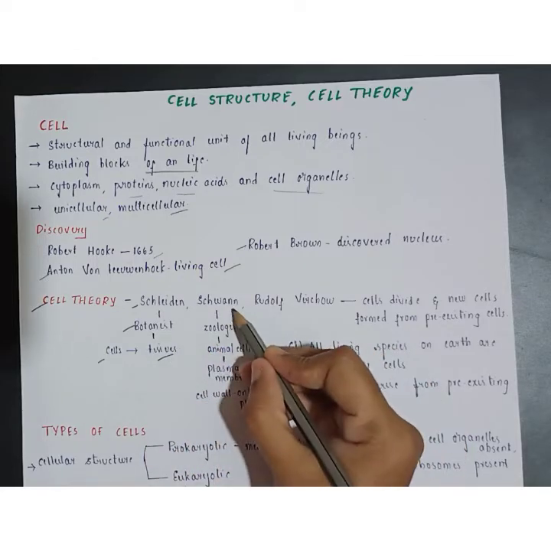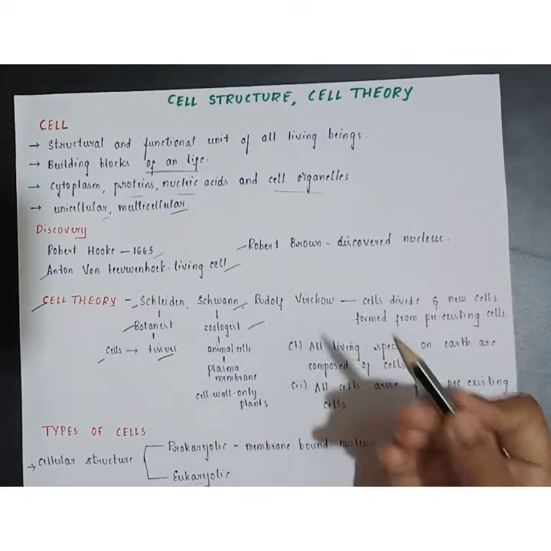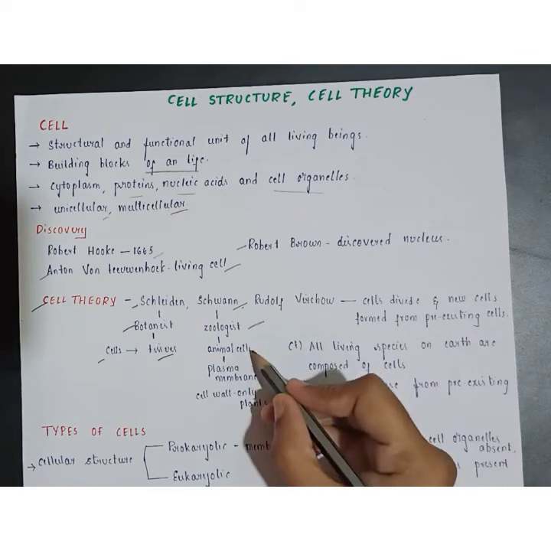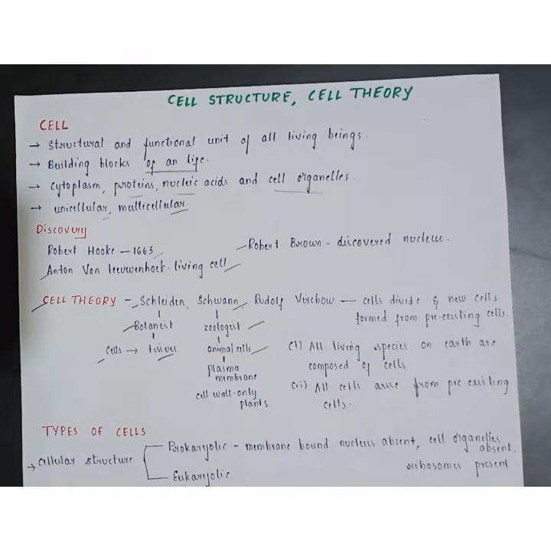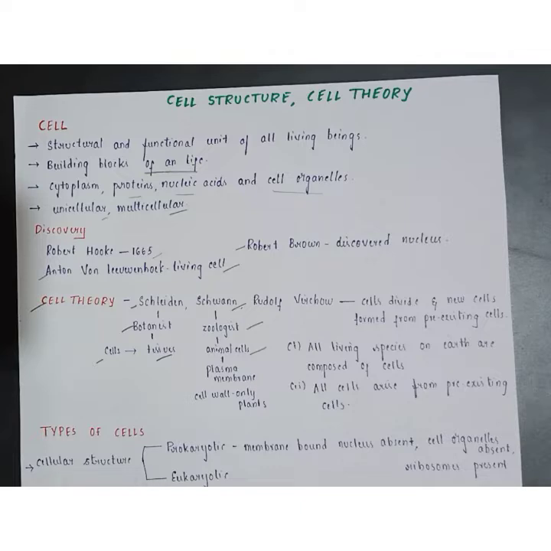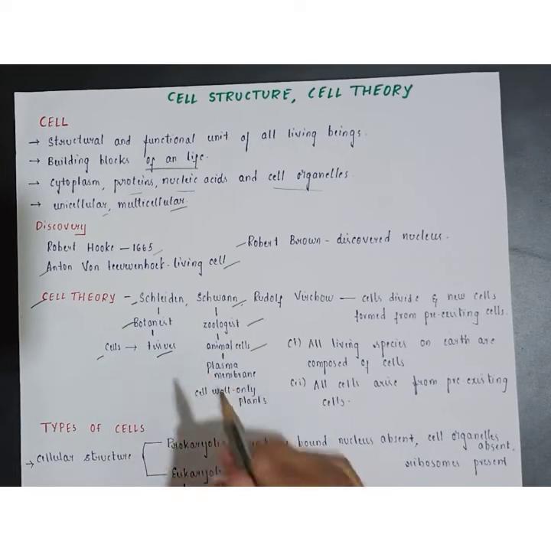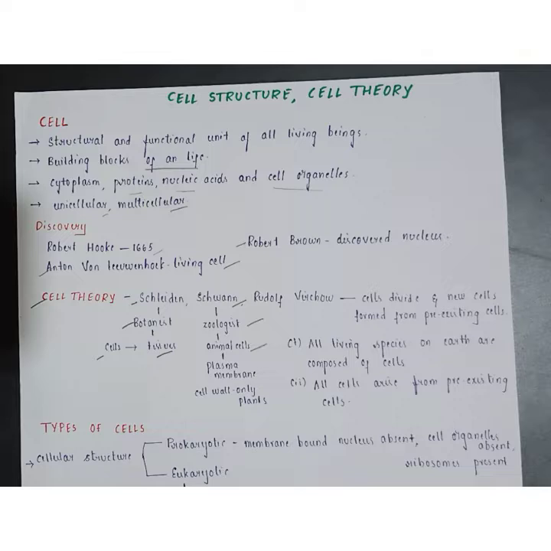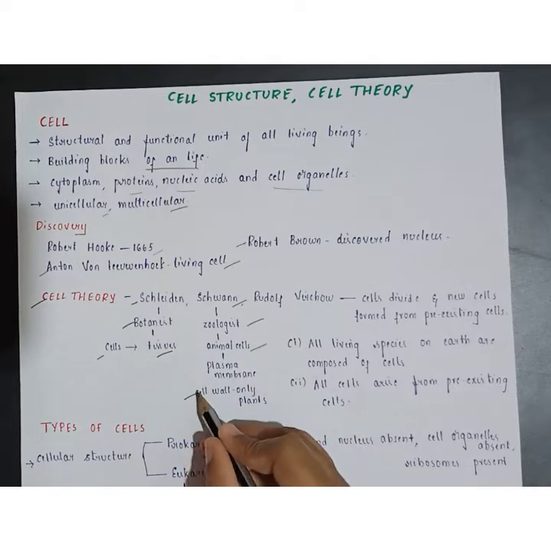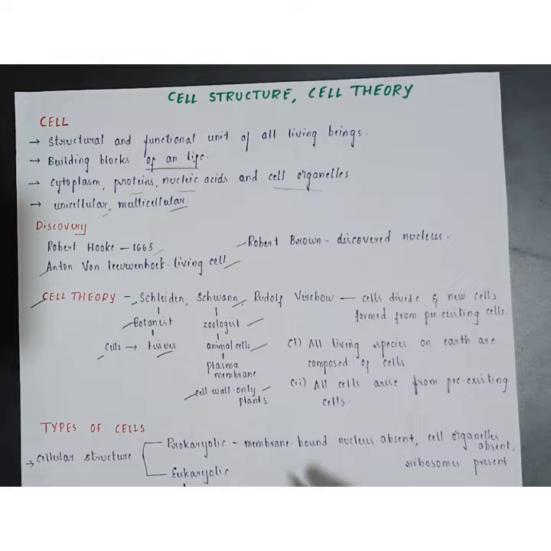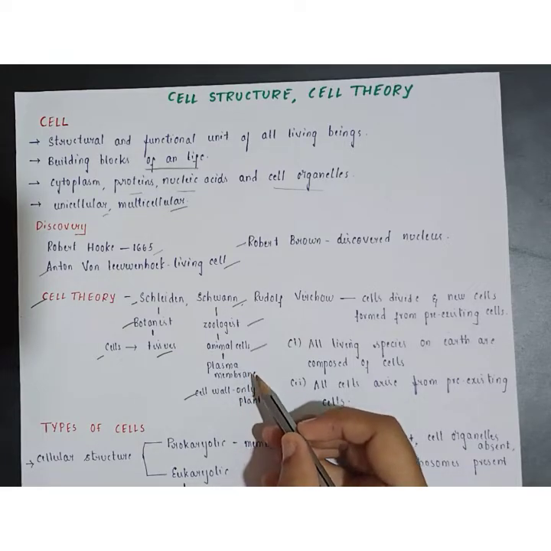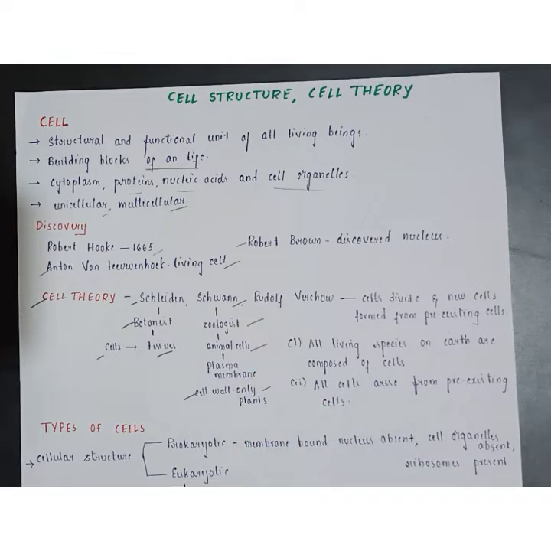Later Schwann, a German zoologist, examined animal cells, and he discovered that animal cells contain a plasma membrane, whereas plant cells contain a cell wall. He discovered that the cell wall is present only in plants, whereas in animals only the plasma membrane is present and the cell wall is absent.